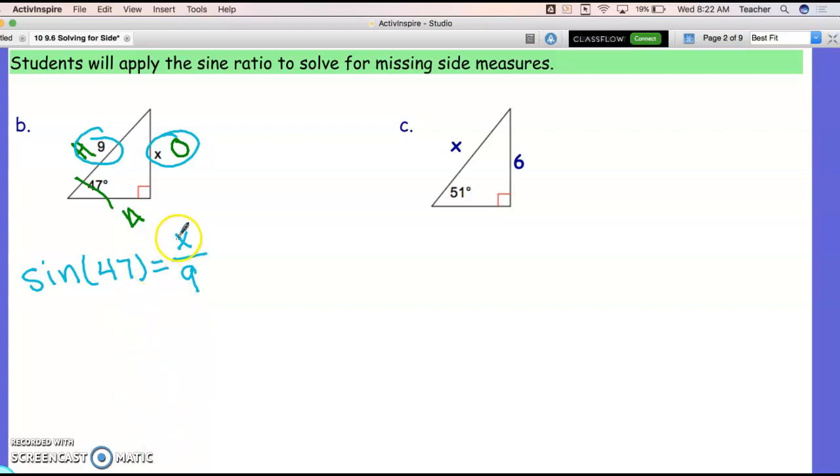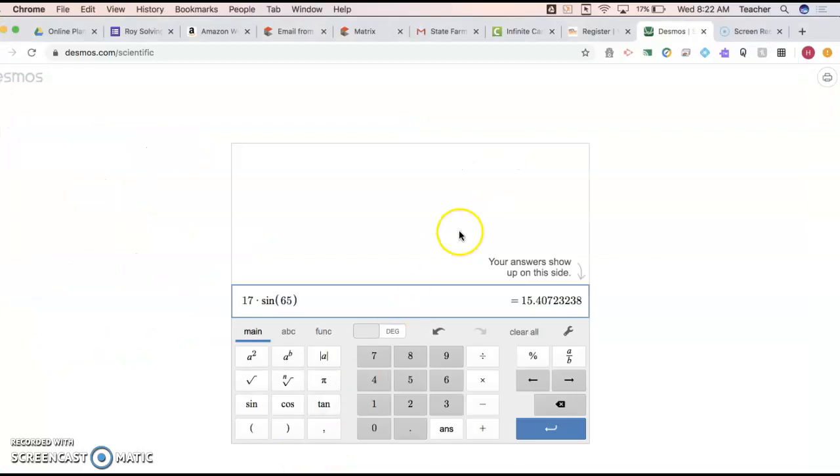This example is very similar to the last one. Right now, x is being divided by 9. If I want to get x by itself, I have to undo that division, and the opposite of division is multiplication. So if I multiply both sides by 9, that cancels out, and we have 9 times the sine of 47 equals x. So I'm going to go back to Desmos to figure out what 9 times the sine of 47 is.